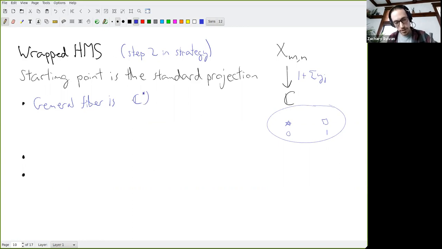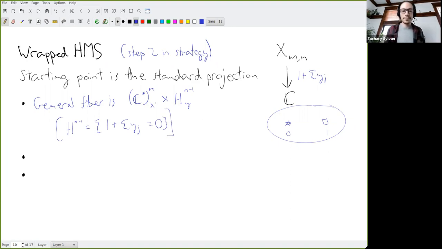That means I get a (C star)^m coming from the x's, cross, if the sum of the y's is something non-zero, a pair of pants H_{n-1} coming from the y's, where H_{n-1} is the pair of pants, 1 plus the sum of y_j equals 0.